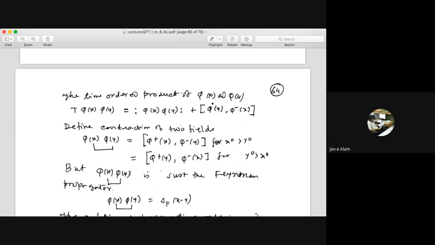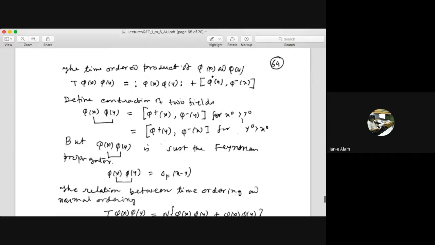Now let us go back to the time-ordered product of phi x and phi y, these two fields. This is the notation for the normal ordered part as I discussed earlier, and this is the commutator, for which I have derived this expression. I got this expression when x naught was greater than y naught.